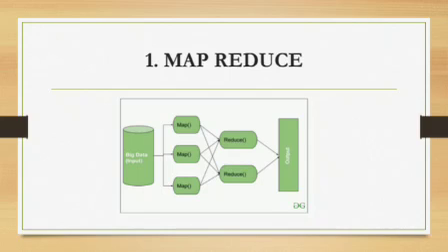The map function here breaks these data blocks into tuples that are nothing but key value pairs. These key value pairs are now sent as input to the reduce function. The reduce function then combines these broken tuples or key value pairs based on their key value and forms a set of tuples and performs some operation like sorting, summation, etc., which is then sent to the final output node.